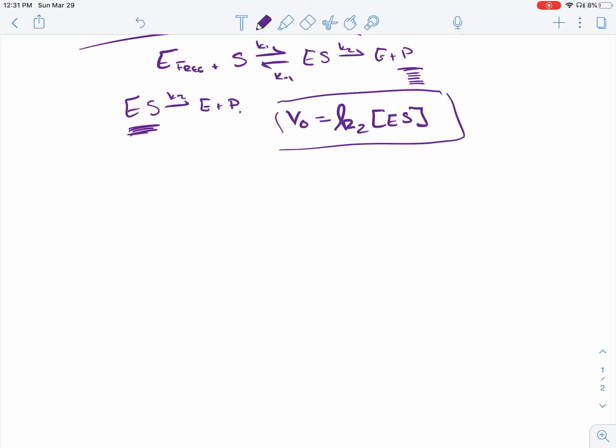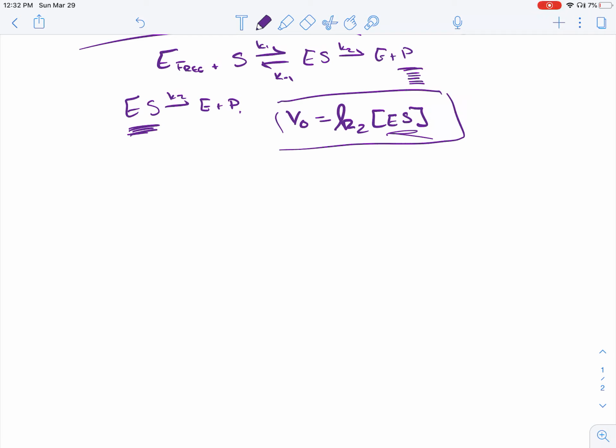The problem is we don't know what ES is, right? ES is something that's formed transiently over the course of the reaction. And so we need to figure out a way to determine the concentration of ES at steady state. Everything that we're going to do now is to look at how we figure out what the concentration of ES is at steady state.